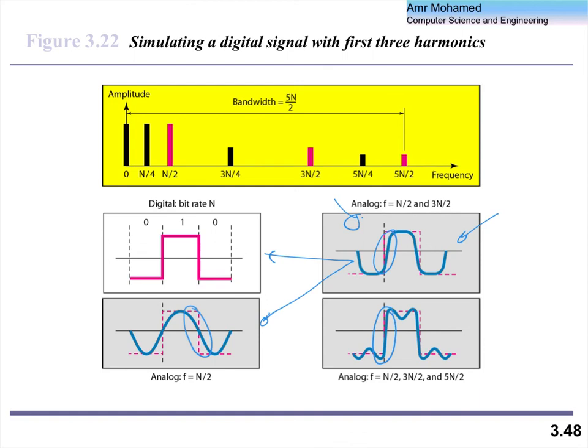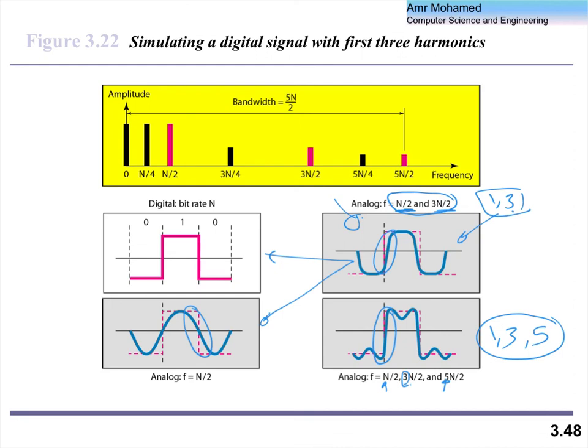In that case we call it two harmonics, the first and the third harmonic, so it's either n over 2 or 3n over 2. And here we have three different sine waves, where we use the first, 3rd, or 5th harmonic. So we have three different harmonics to represent that signal.